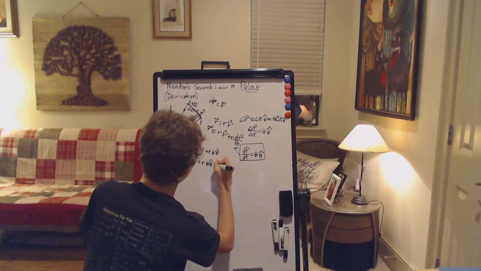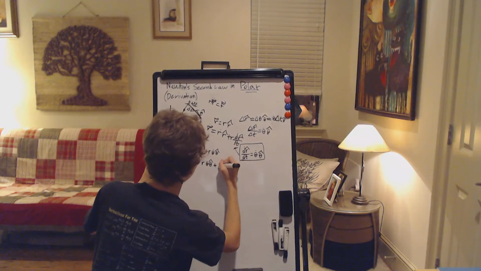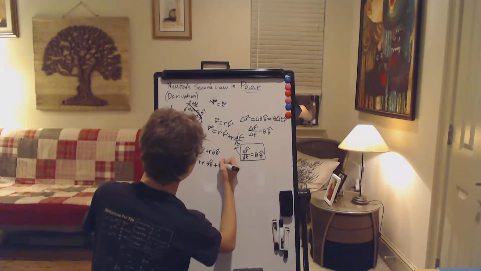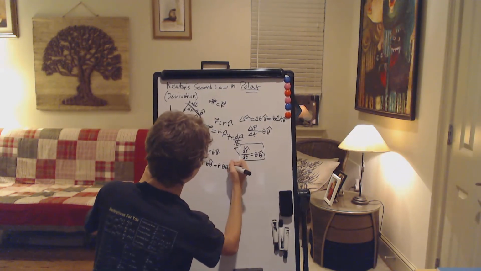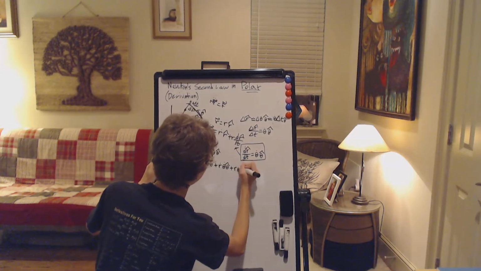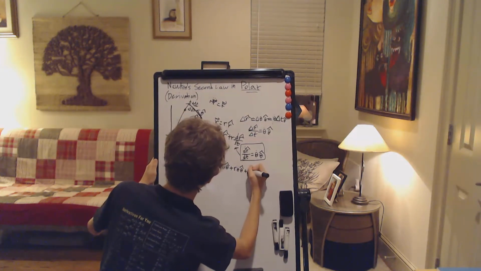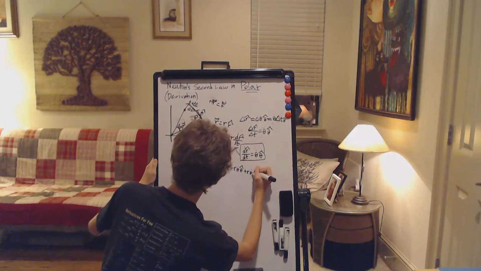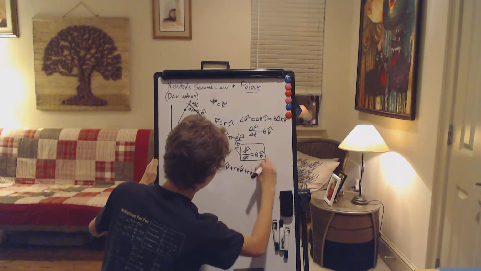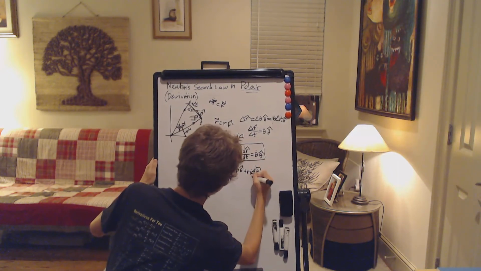So plus r dot theta hat plus r theta double dot theta hat plus r theta dot, and our last thing is d theta hat dt.